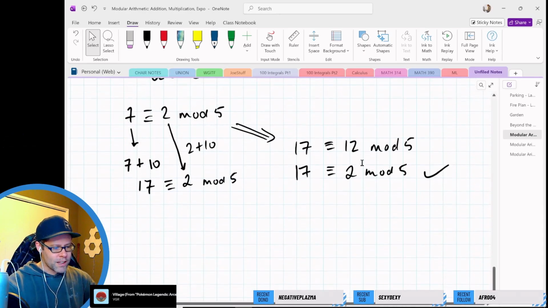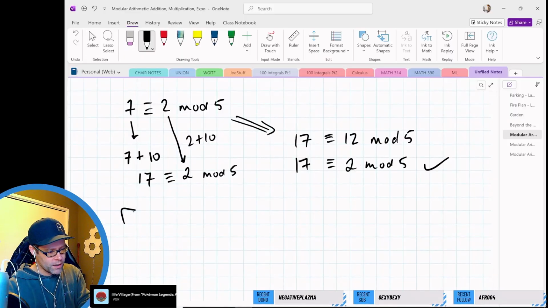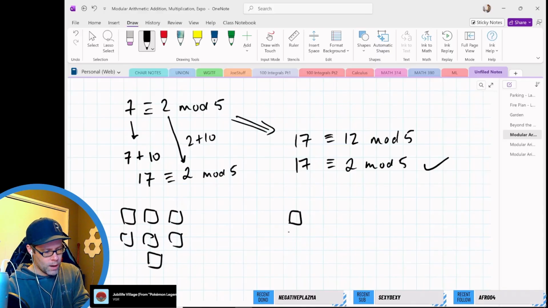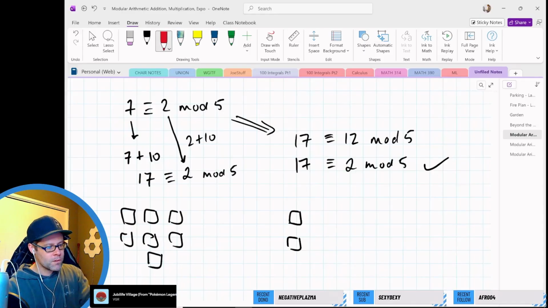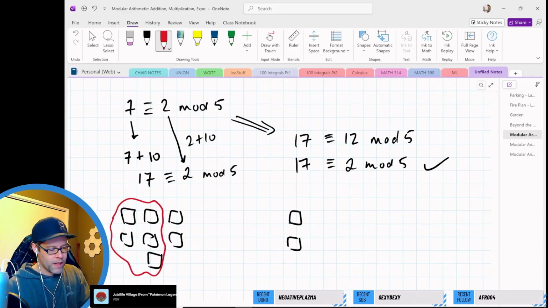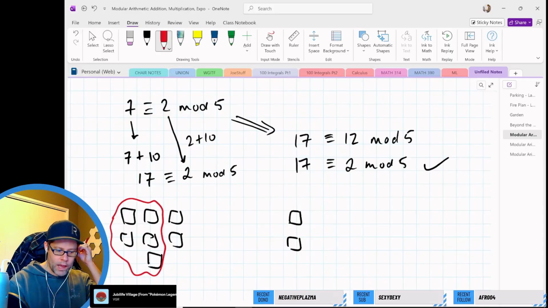That's all we're saying here. If I take 7 objects, 1, 2, 3, 4, 5, 6, 7, or I take two objects, these two things are the same on division by 5. Division by 5 means I'm just going to start making groups of 5, and the remainders are the same. That's what we're saying here.